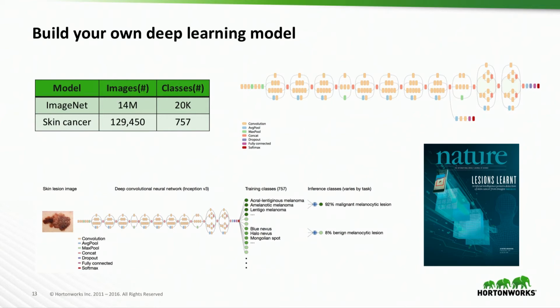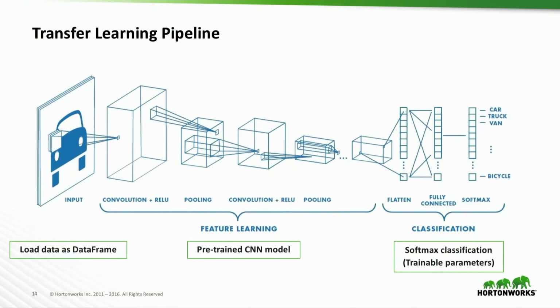I think this kind of case is more popular and more suitable for ordinary deep learning use cases across companies and industries. So transfer learning is the solution for this kind of case.